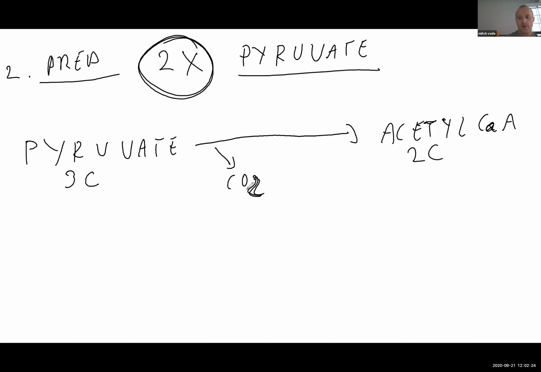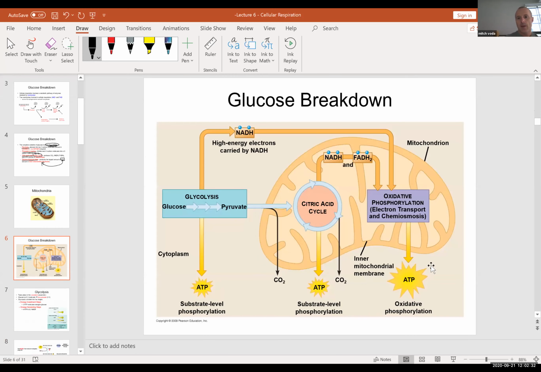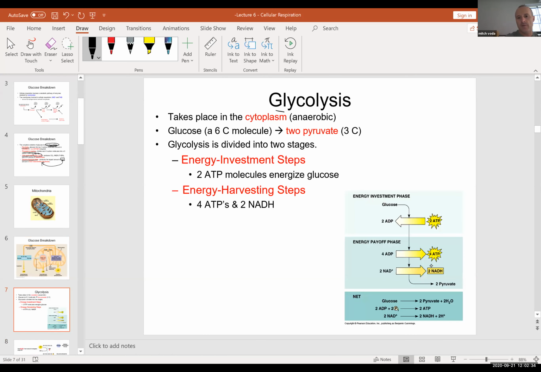Now, let me go quickly back to the PowerPoint and look at the first step. Glycolysis takes place in the cytoplasm. That's one thing I forgot. It takes place in the cytoplasm, and it's anaerobic. Anaerobic means no oxygen.